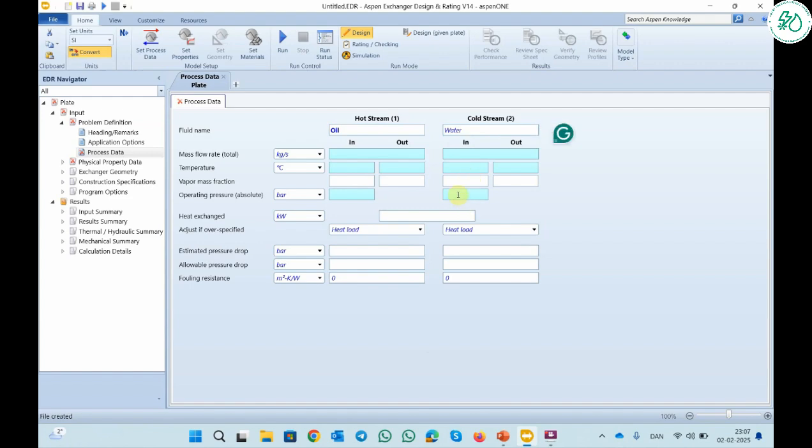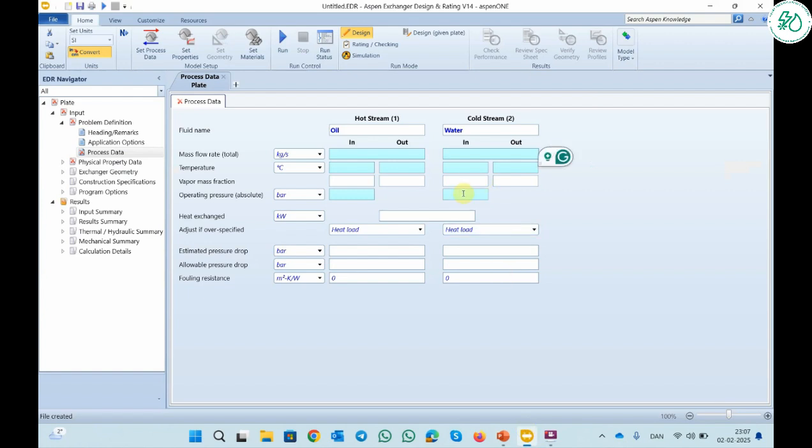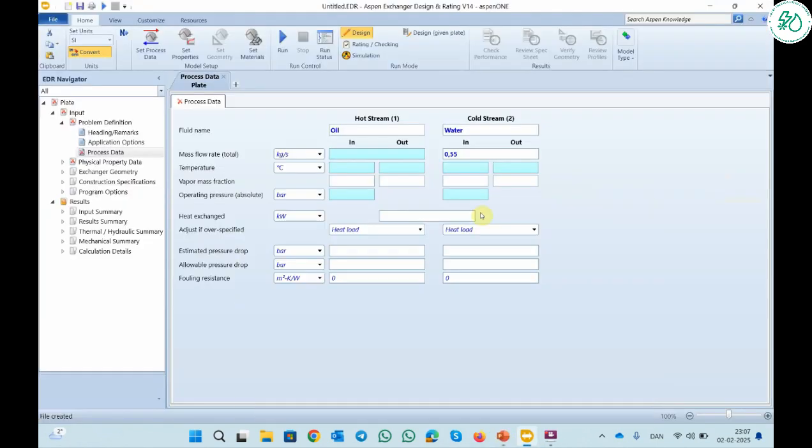For water, we have information like the mass flow rate, the input temperature and output temperature.